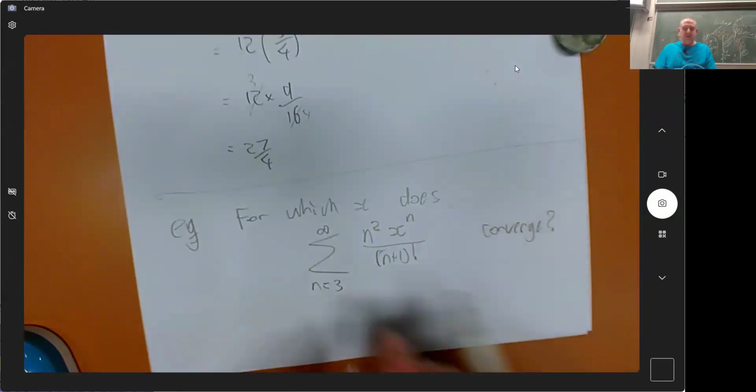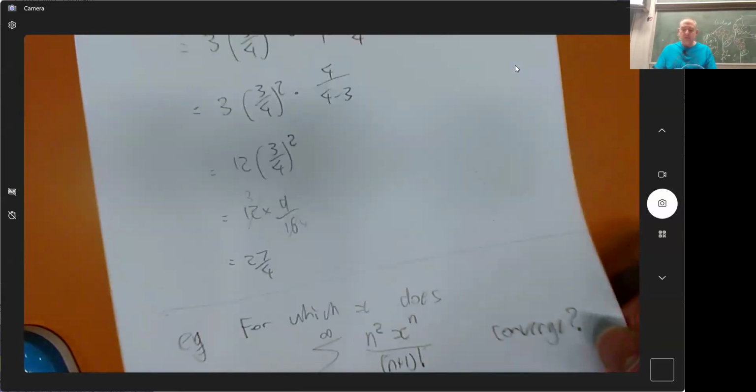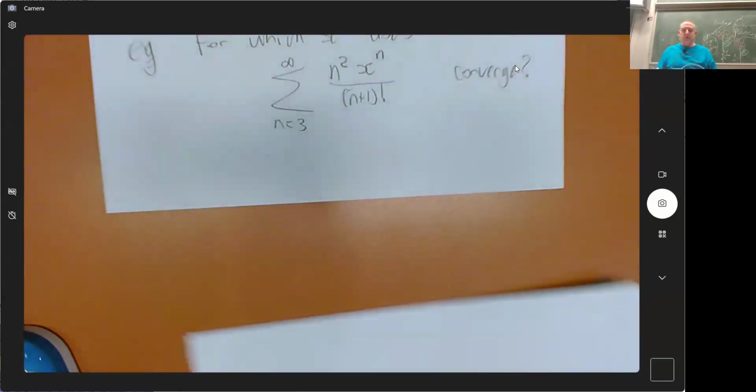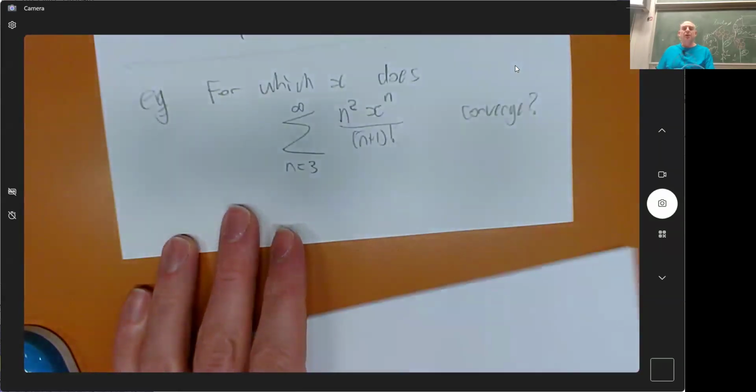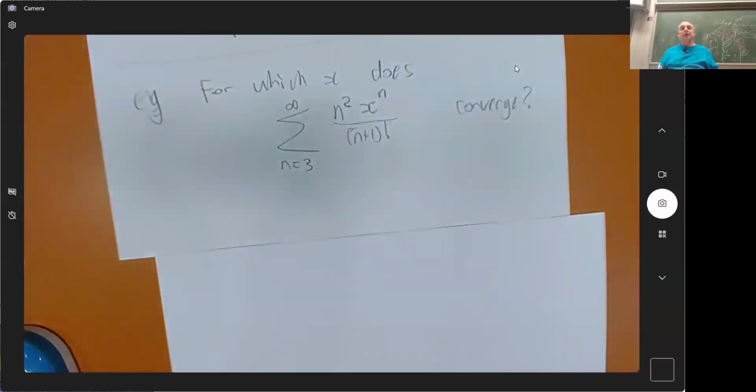For which x does this converge? So I'm just going to say this is the same as asking what's the interval of convergence. It's not a geometric series. It does have an x power of n, but it's got this factorial in it. And it's not a straight up e to the n.